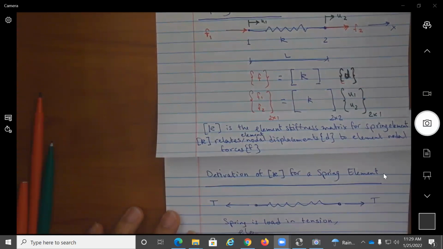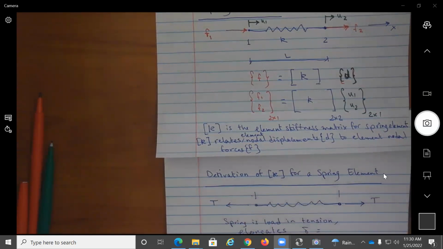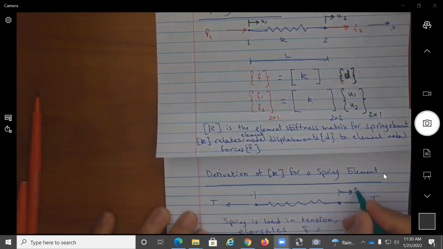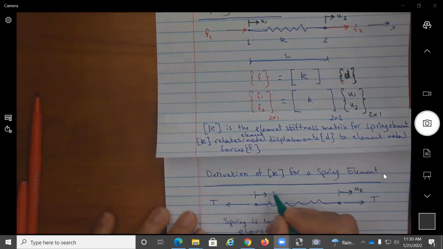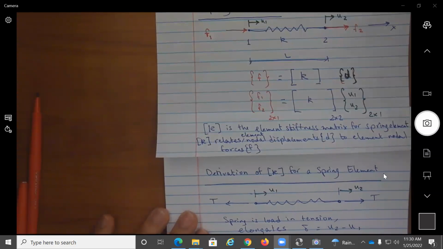It elongates by delta, where this is u2 and this is u1. Delta would be equal to u2 minus u1.